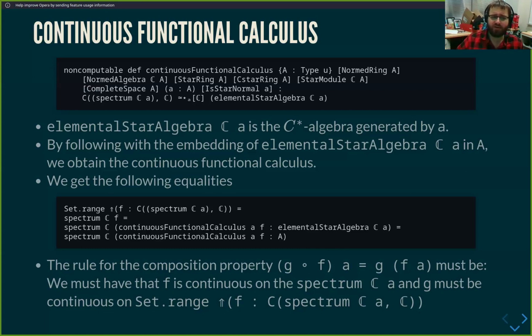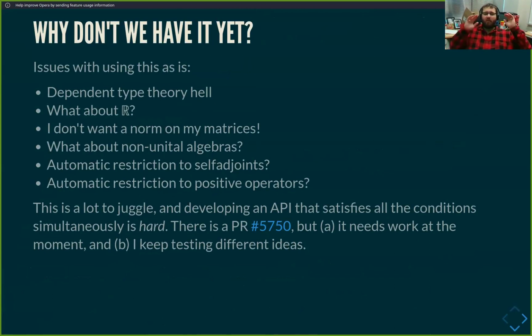In particular, we're talking about continuous functions from a subset of the space into C, and the continuous functional calculus itself depends on the value of little a in the big algebra A. So we have that star algebra equivalence, but we don't have an API that makes the continuous functional calculus available yet. The reason is dependent type theory hell. We need to come up with an API that either avoids this or sidesteps it enough that it's not a problem.